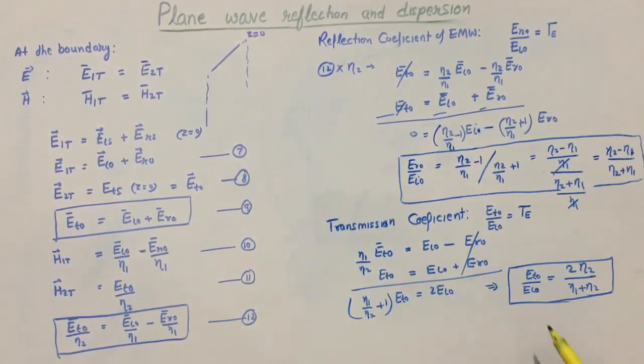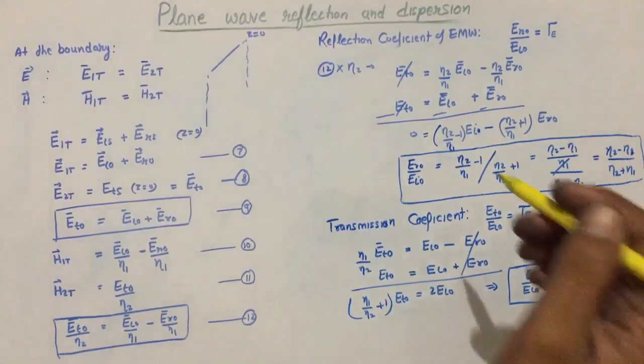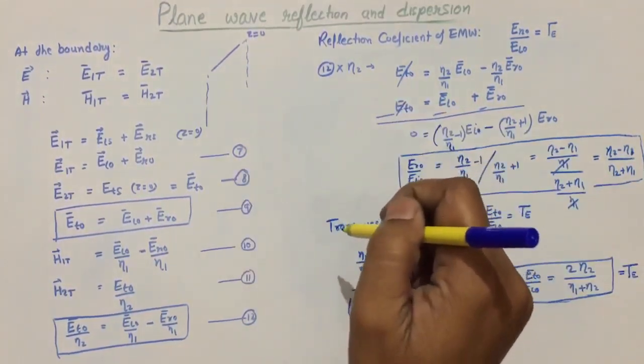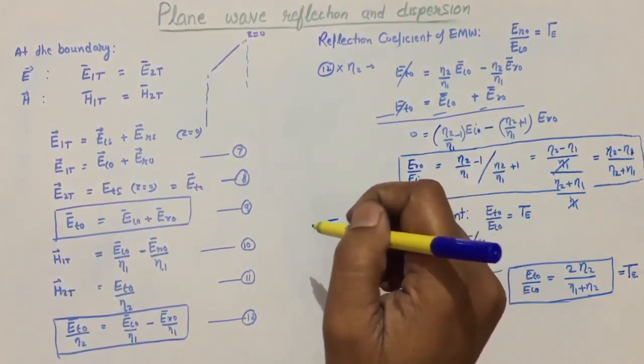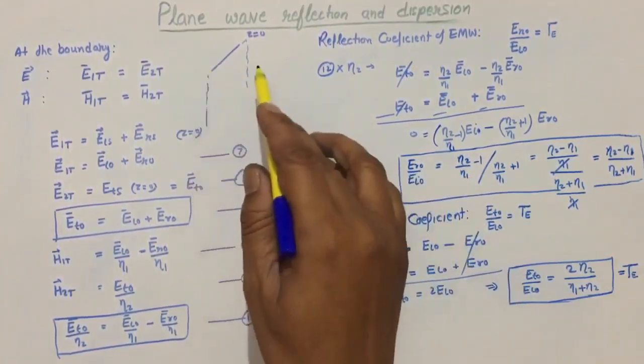If we know the amplitude of the incident wave and we know the coefficient, then we can find the transmitted wave amplitude easily. In all these studies, we have assumed that the electric field direction remains the same in both media.